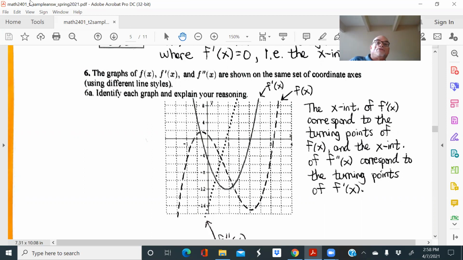The clues here that you can use are related to the previous problem, number 5. So what I want you to notice here is, look at this solid graph here.